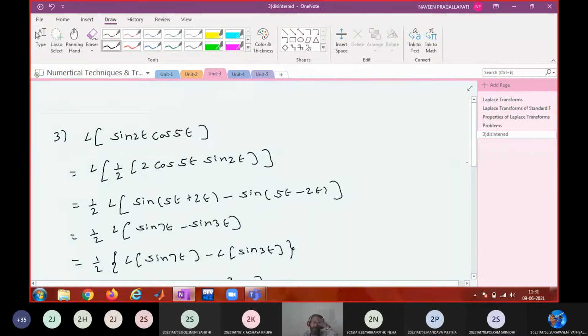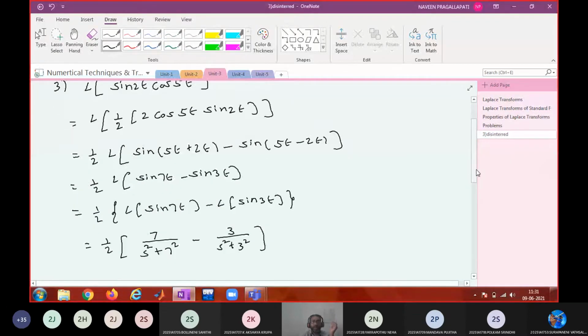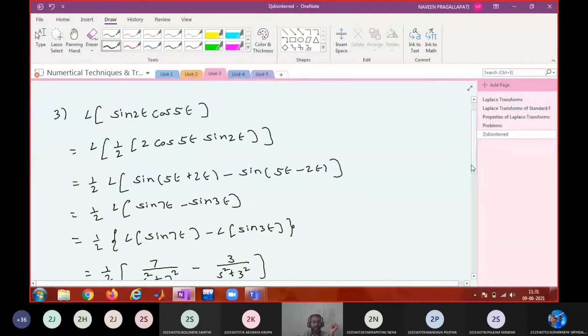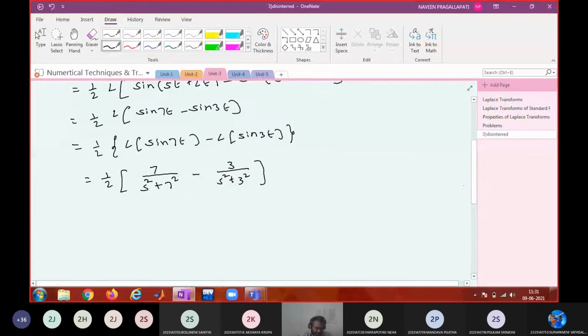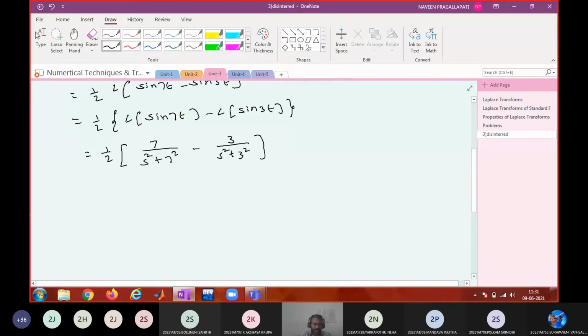Yes, sir. So like that you have to apply Laplace transform by using the linearity property. Similarly, if we have e power at, the remaining are also easy, no? So for example, Laplace of what is this? 5 e power 2t minus 3 whole square.